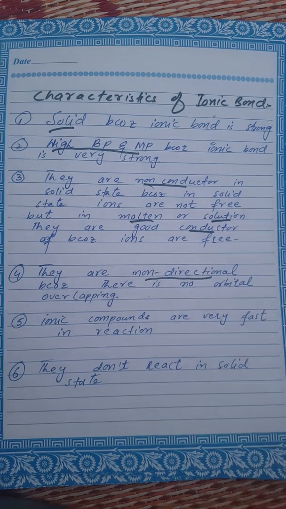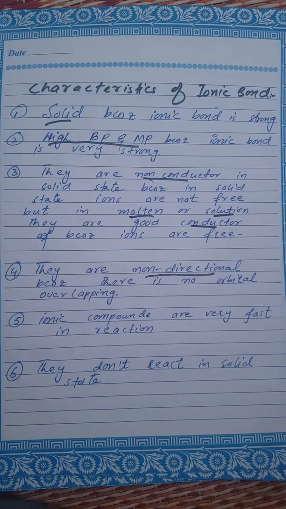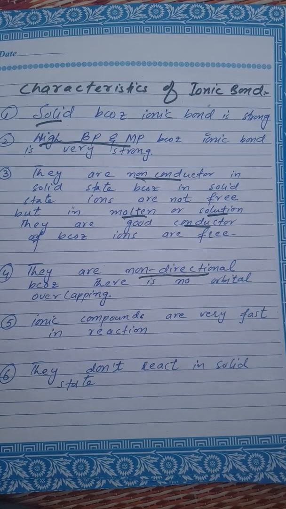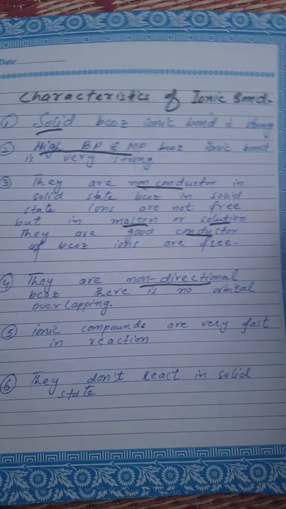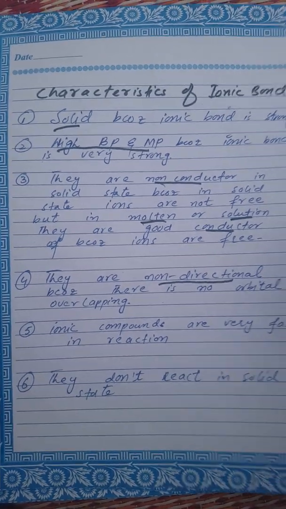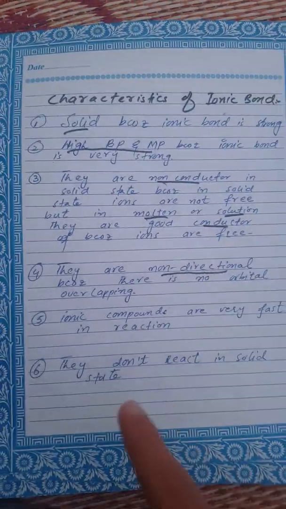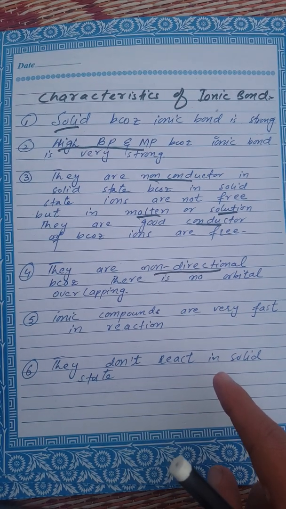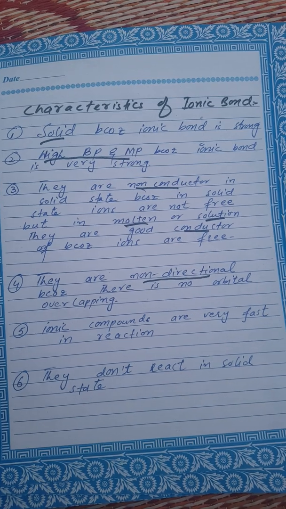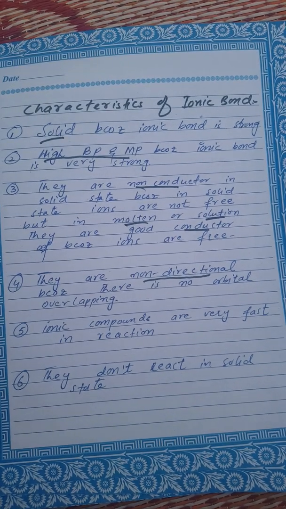Now let's talk about why ionic compounds give fast reaction compared to covalent compounds. Basically, ionic compounds do not react in solid state, so before they react we make their solution.